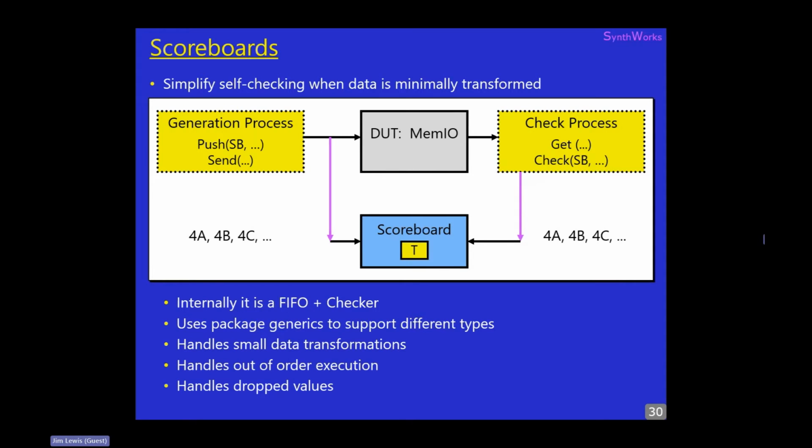And we can simplify self-checking when the data is minimally transformed, like going through an Ethernet switch or something like that. So internally, a scoreboard is a FIFO plus a checker. We use package generics to support different types. And we support a match function, which allows us to handle small data transformations because the match function defines what equality means. We handle out of order execution and we handle drop values.